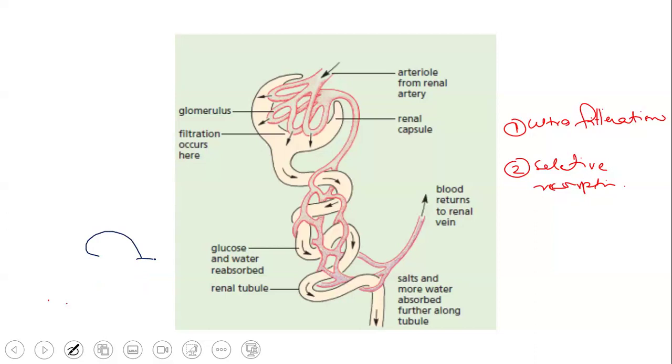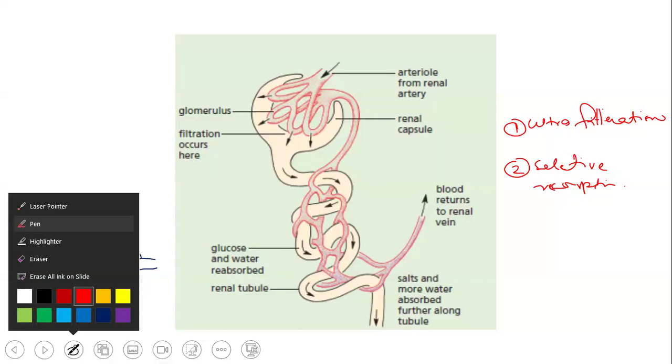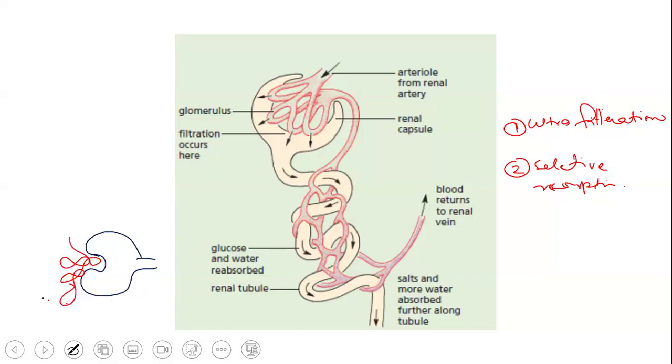So as the blood passes through these really small capillaries, all of the fluid is going to move out of the capillaries and into the Bowman's capsule. Everything except a few things. What are the few things that are not going to be removed? Large molecules like large proteins.